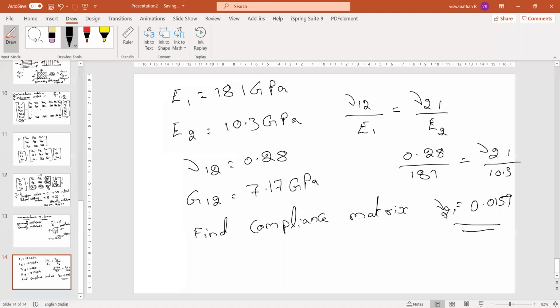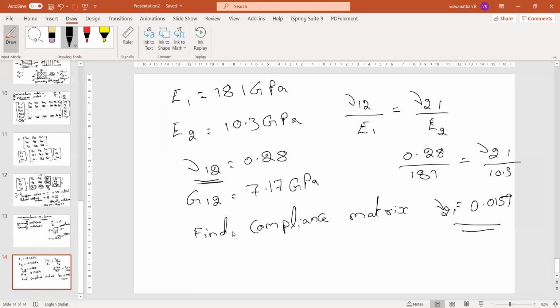This is the minor Poisson's ratio, and this is the major Poisson's ratio. What does this mean? We are applying load in the longitudinal direction, but the strain can be seen in the other direction. The load is applied in the transverse direction, but the strain can be seen in the longitudinal direction. That is the meaning of this.